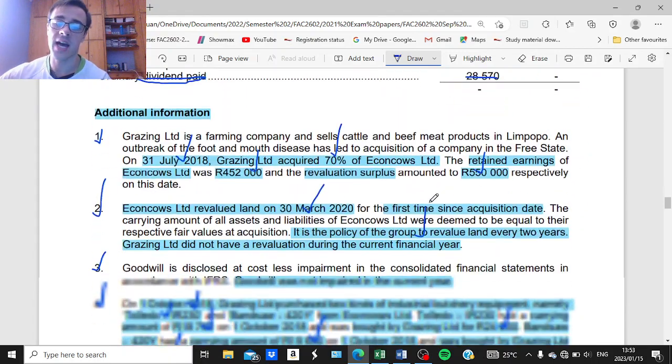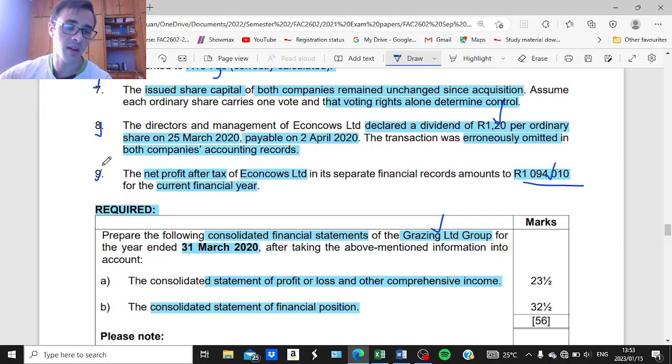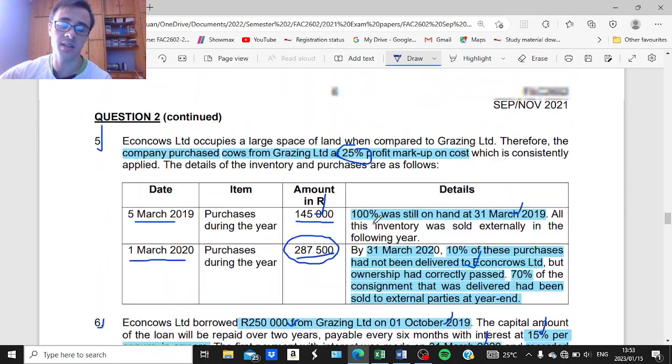You should arrive at the amount of 1,094,010. So that amount has been calculated correctly.